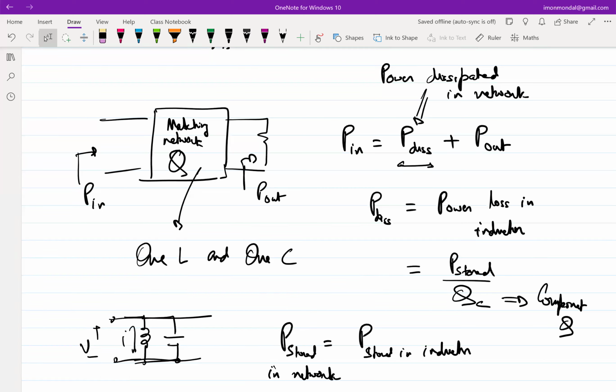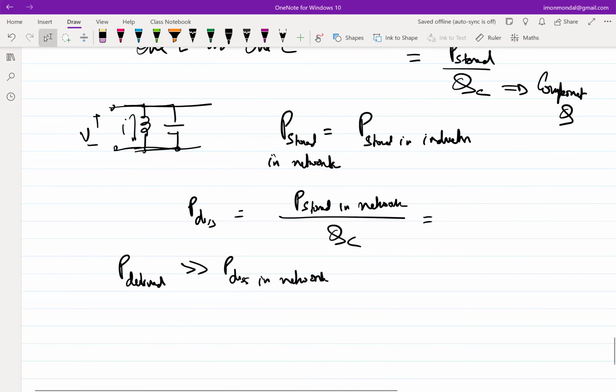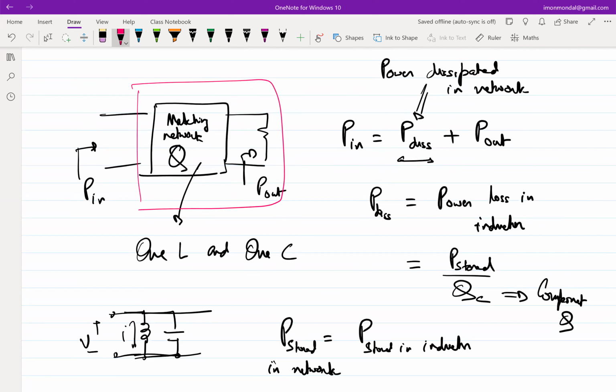If that is not met, then there's no point in making a matching network. So I make the assumption that power delivered is much greater than the power dissipated in the network. Now if I put a box here, the power delivered is essentially the power loss.